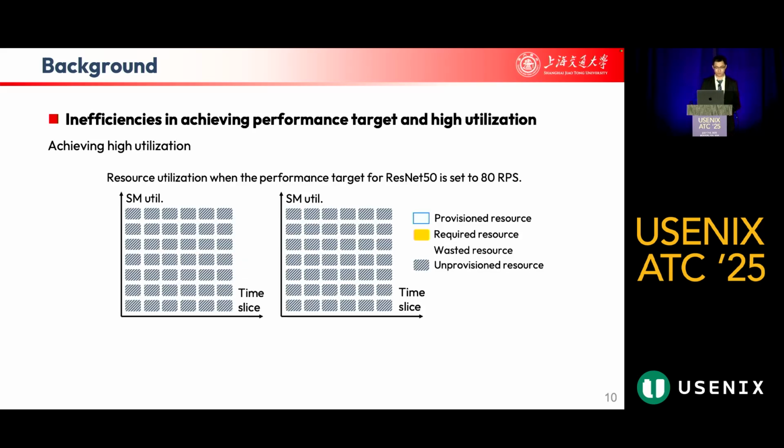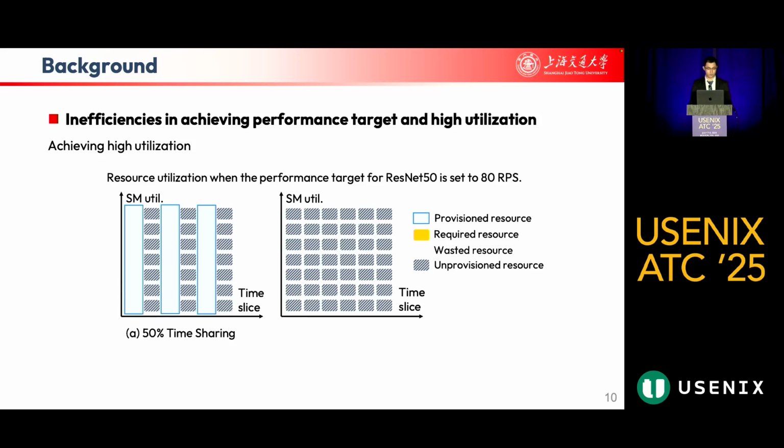The reason behind this fluctuation and inefficiency is that they use either spatial partitioning or temporal partitioning. First, I'm showing you 50% time sharing. Because your GPUs are very beefy and your workload is very light, you cannot use all the SMs. For example, here you may only use 44% of SMs, meaning the rest of the GPU is basically wasted.